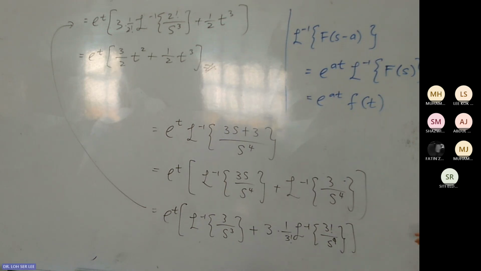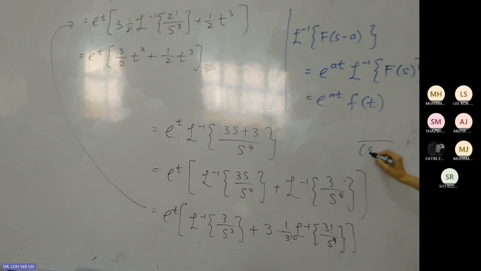Any questions? You have to understand why we have to apply the first translation. Did you know why we need this first translation? Because from the question, we have s minus 1 to the power of 4.